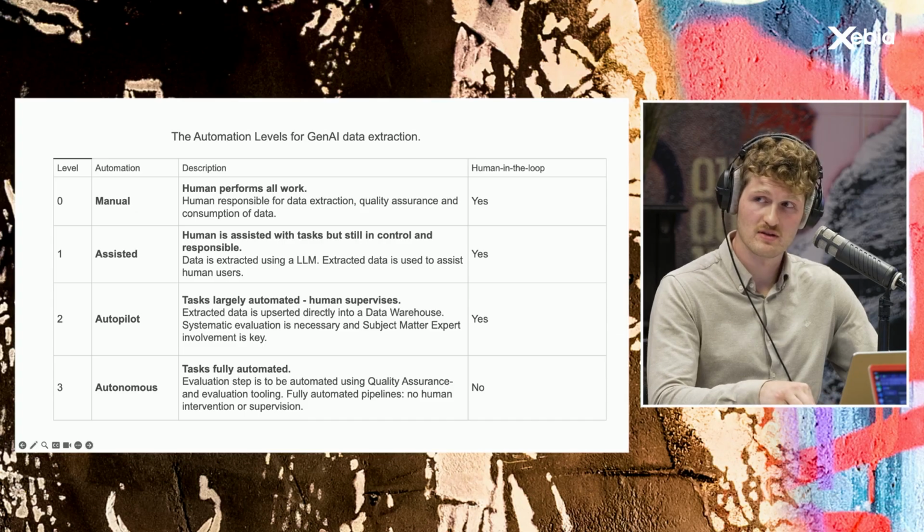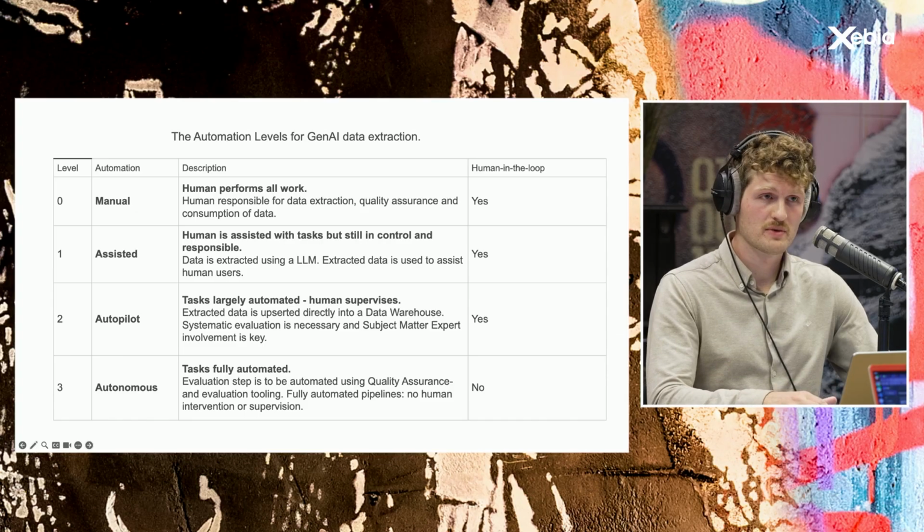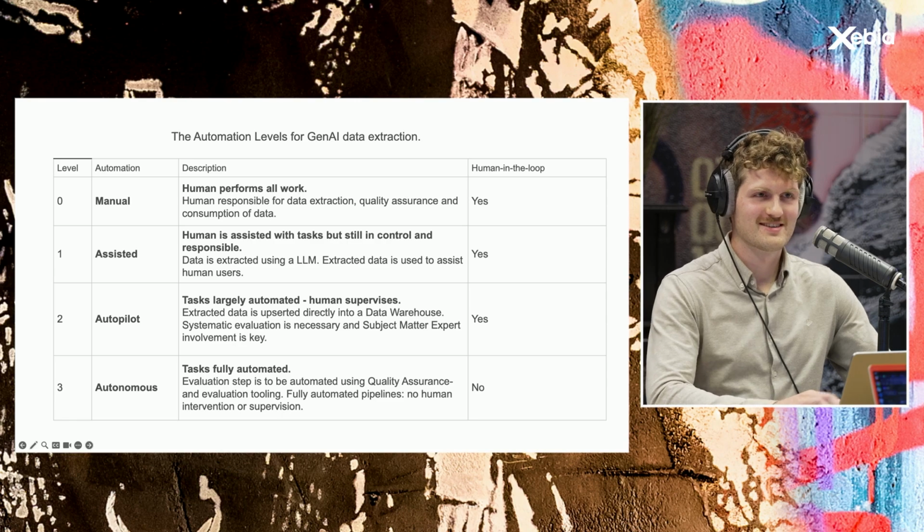Whereas in the last level, autonomous, tasks are fully automated. So this is the only level where the human is not in the loop. And to be honest, also the level that is hardest to get to. Because in order to let your extraction system or your GenAI application take full control, you better be very sure.